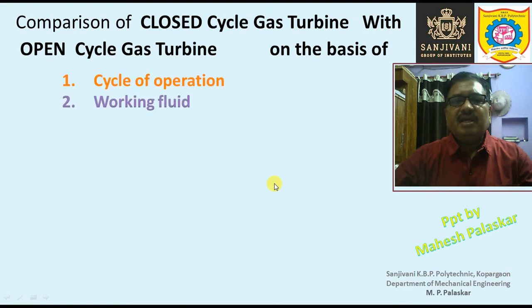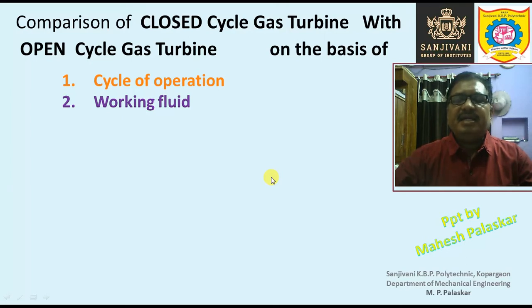So, next point is the working fluid. In case of the open cycle gas turbine, by default the working substance is air, because we have to take the air from the atmosphere, and the fuel is also injected in the combustion chamber, and in presence of the oxygen which is present in the air, the combustion of the fuel takes place.